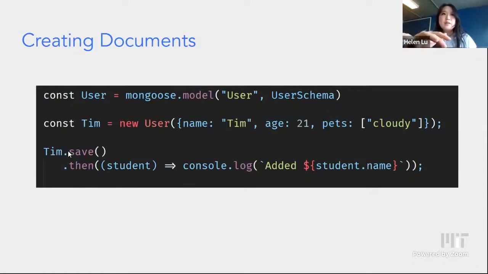In this case, because we added Tim to our collection, MongoDB will return the object we added, Tim, as student. So we would expect it to log the name Tim, because student will basically be the same as Tim.